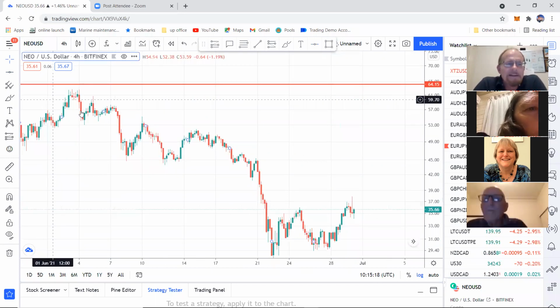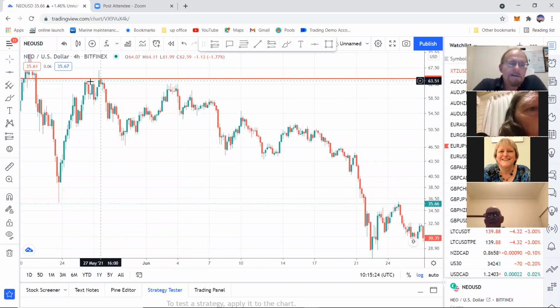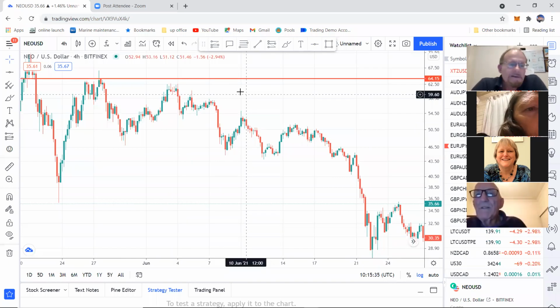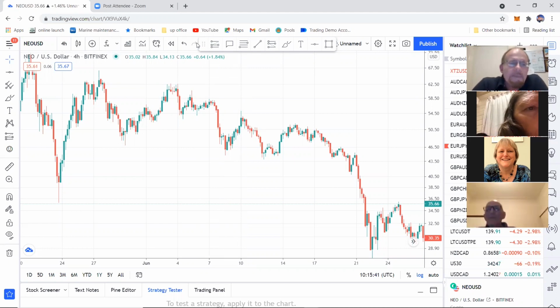No, it doesn't really. So it only touches once. I wouldn't personally call that resistance because it's only touched once. So there's no real indication that the market's likely to touch it again. And as we have a look, it didn't touch it and it's just continued to go down and down. So putting a resistance line there would mean nothing. So we get rid of it.